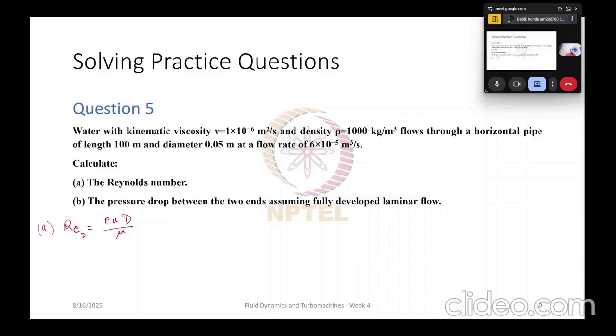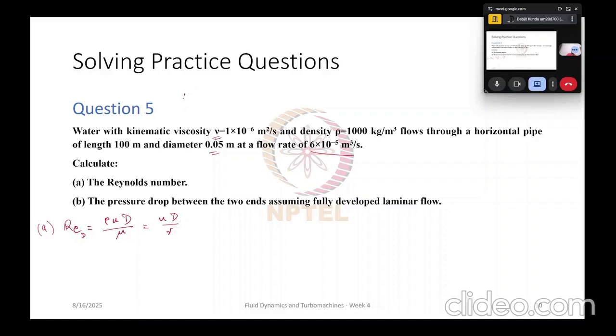Now mu by rho is nu, so we know that nu is given, and d is also given, that's this 0.05. We don't know u, but we do know the flow rate and the diameter of the pipe, so we can calculate that.